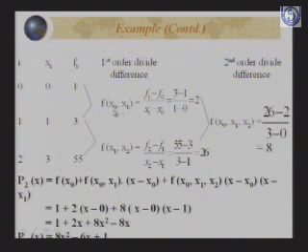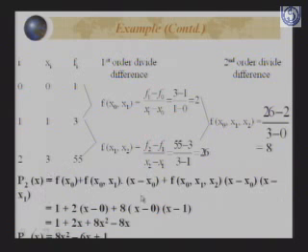Now the second choice is x0, x1 and x2. So the second order divided difference will be this minus this upon the difference between x, which is 3 and 0. So 26 minus 2 upon 3 minus 0 will be nothing but 8.